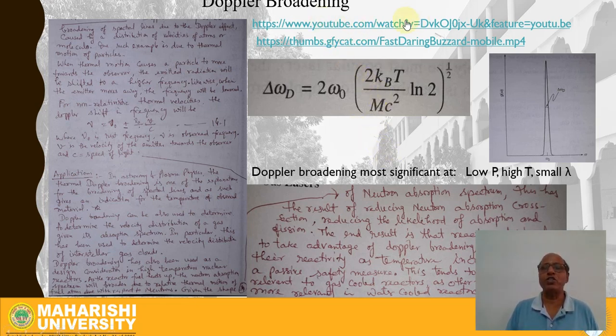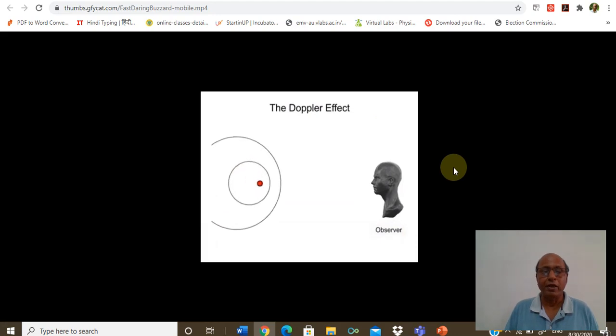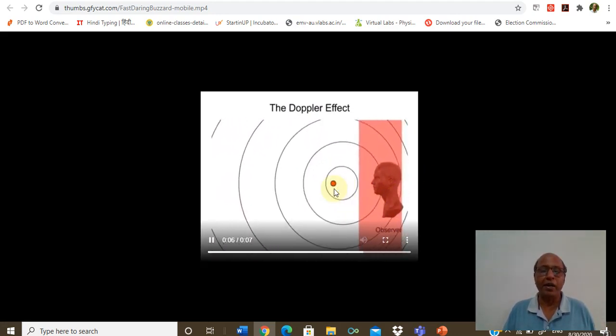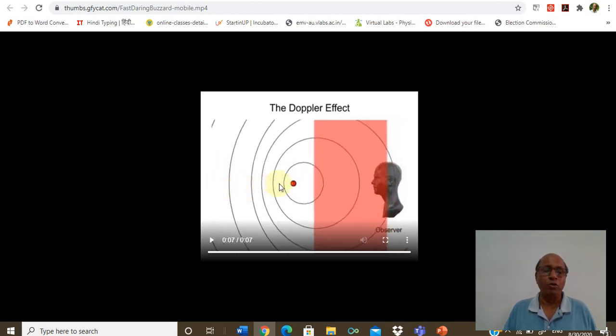The first reference here is a slightly long one, so you can see that on your own, but I will refer to the second one, which is very short, just to indicate how Doppler broadening occurs, and then I will explain the further part which I have written here. You can see this explanation. Here is the position of the observer, and in your case it can be an atom also.